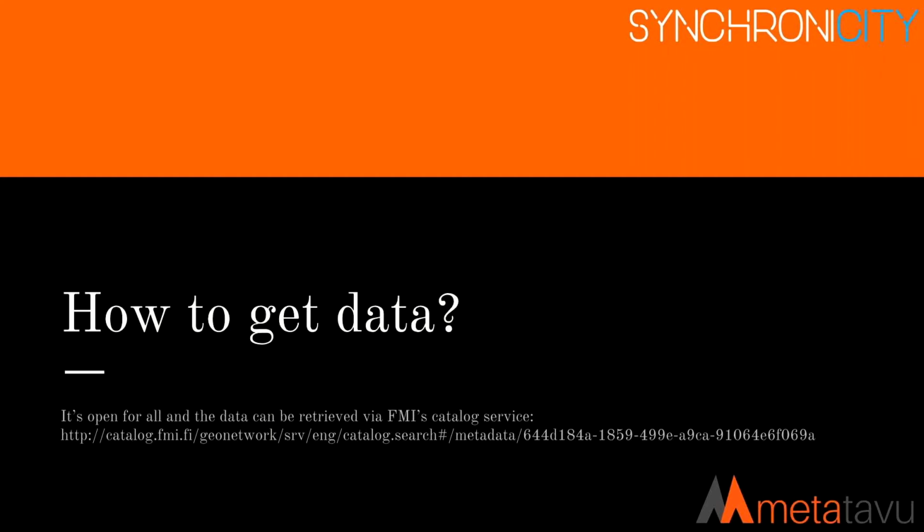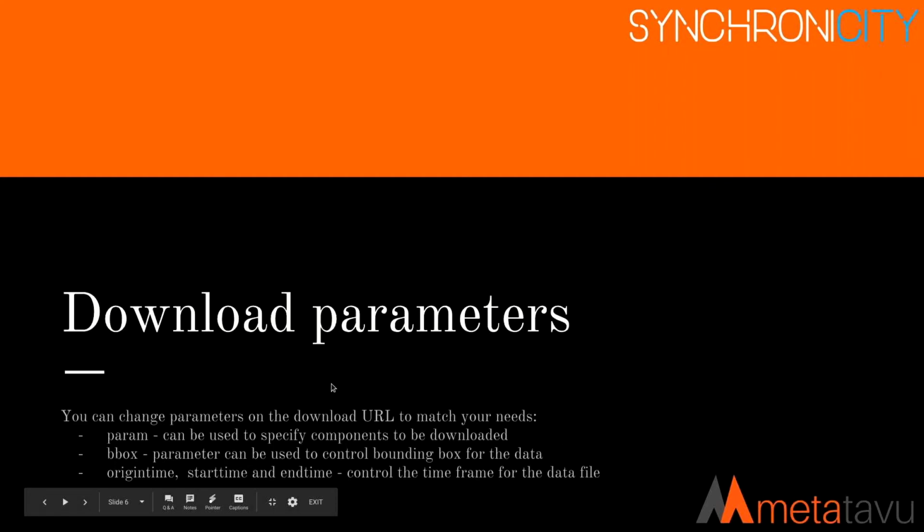If you don't want to download 2 gigabytes of data, you can always use these download parameters to limit the size of the download. So, for example, if you're not interested in CO2 or other components, you can specify that you will download only the air quality index, which is the calculated version of the air quality.